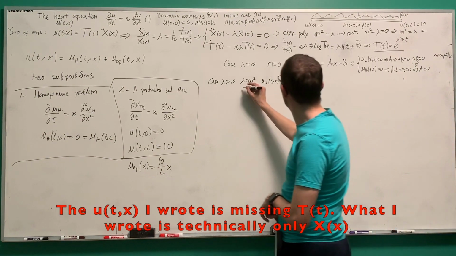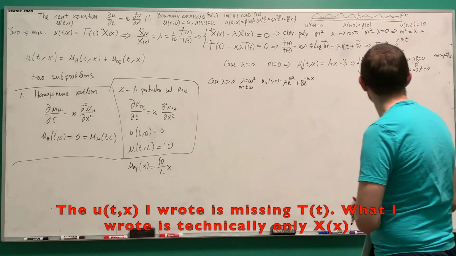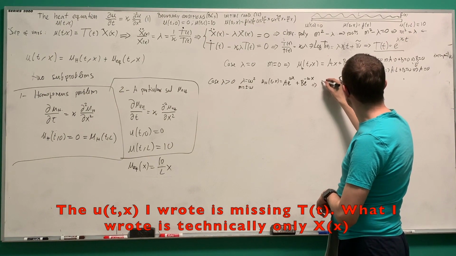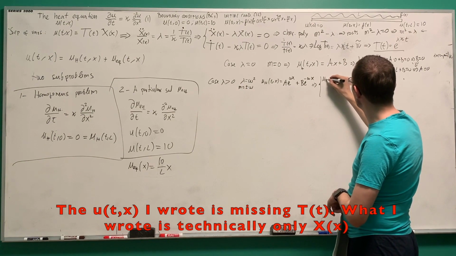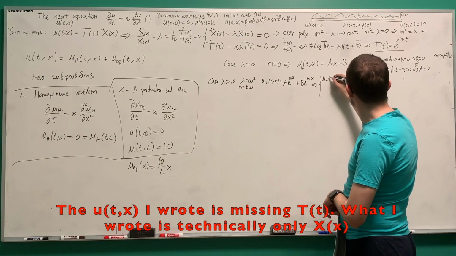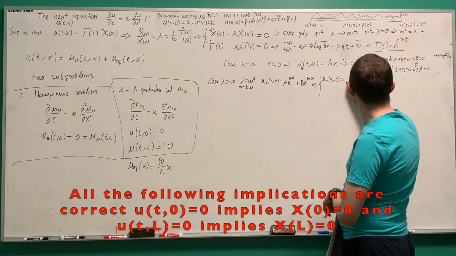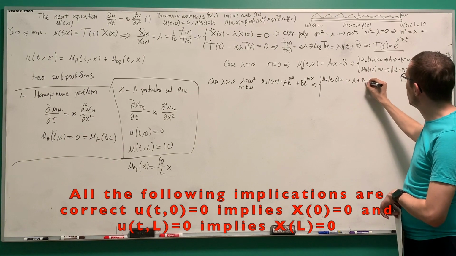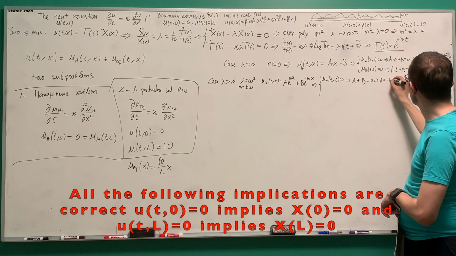Because remember, m in this case is plus or minus omega, all right? And if we impose the homogeneous boundary conditions on this, t,0 equals 0, that means A times e to the 0, which is 1, plus B e to the 0, which is 1, equals 0, that means A equals minus B.